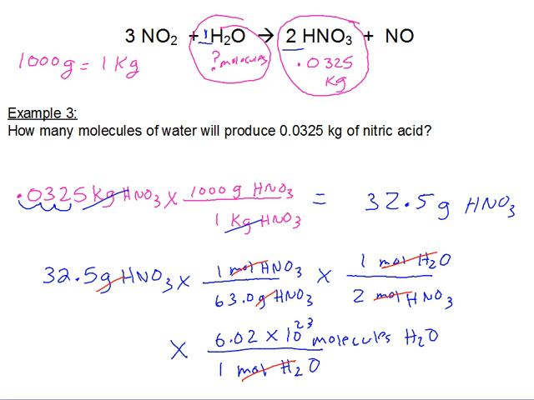Okay, so this looks like a little bit of a mess, but we'll get through it. You take 32.5 divided by 63 divided by 2, and since this number is on top, you're going to multiply it by 6.02 times 10 to the 23rd. Let me just check my work real quick.